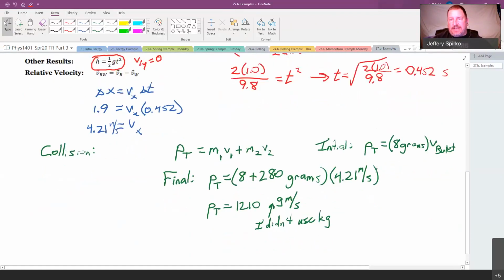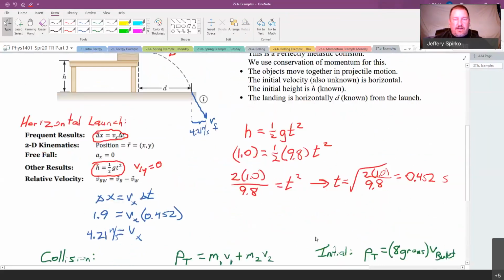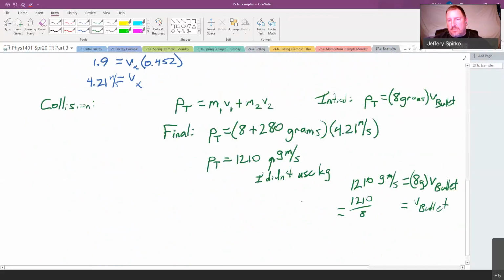So now we can do 1210 gram meters per second is equal to 8 grams times v bullet, and get v bullet is 1210 over 8, which is presumably 151 meters per second.